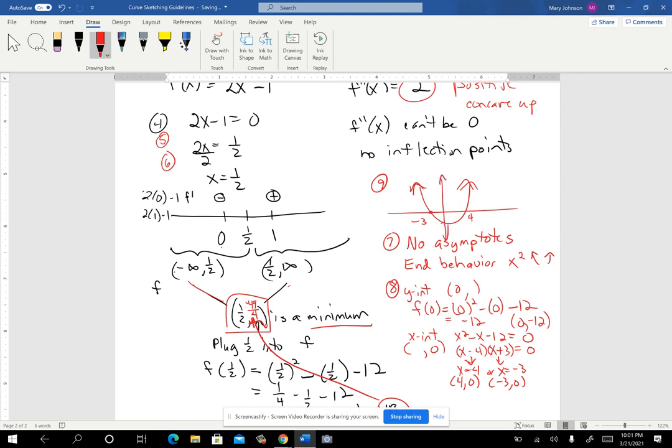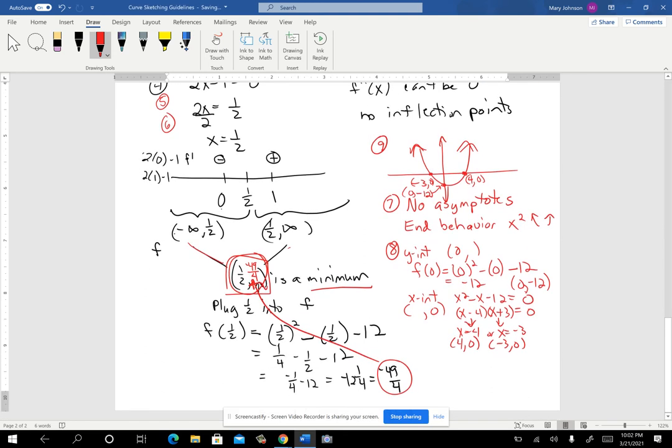This y-intercept right here is going to be the point (0, -12). This is (-3, 0). This is (4, 0).